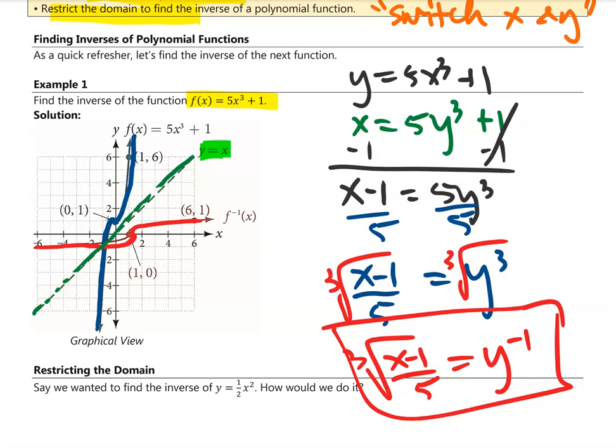Okay. Also, take note of this, we always switch x and y when you solve for an inverse. So pay attention to the points of the given function f of x, (0, 1). This is your x and this is your y. When you switch these two, that becomes (1, 0).